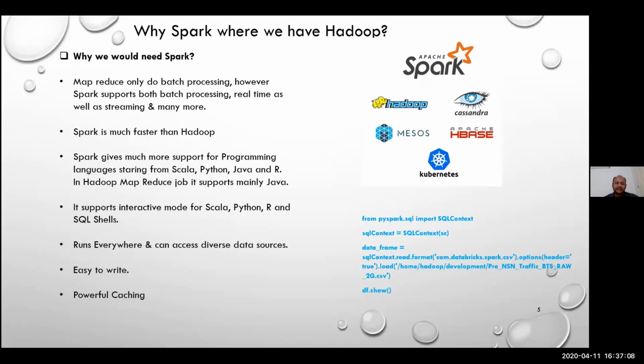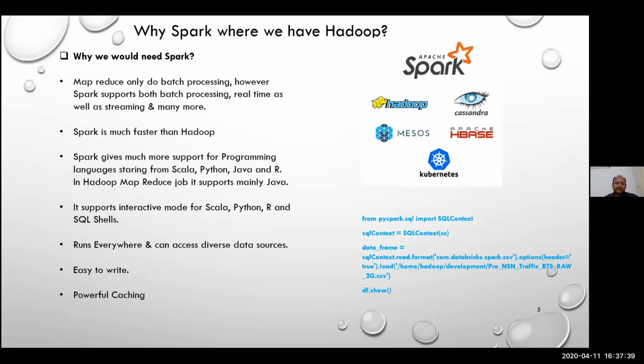Spark gives much more support for programming. Hadoop is built on Java, and you should write map and reduce functions in Java. But Spark is based on Scala, which runs on the underlying JVM, and you can code in Scala, Python, Java, and R. So you have a lot of options for programmers to choose.